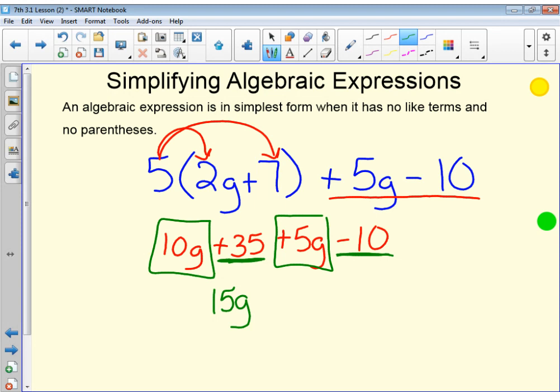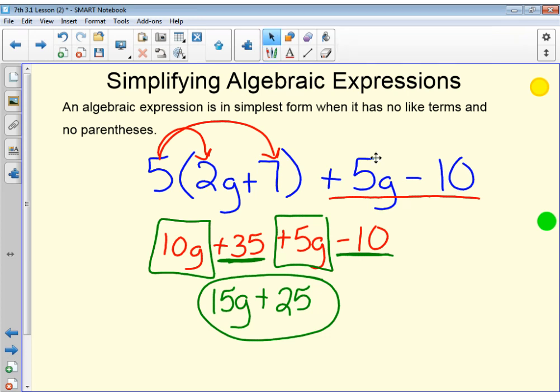So 35 minus 10 would give me a positive 25. I need to remember to put that plus sign in between. Here is my final answer. Once again, we just have two terms, so that would be a binomial. If you had three, it would be a trinomial.